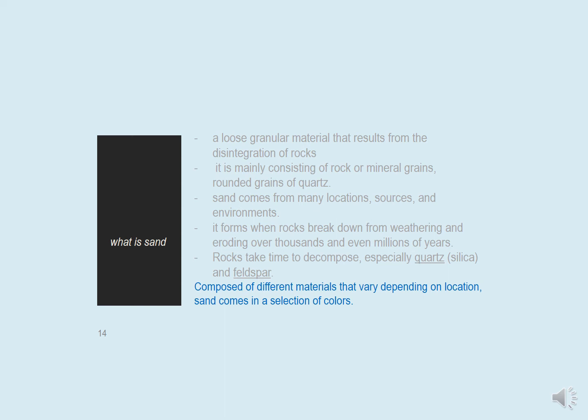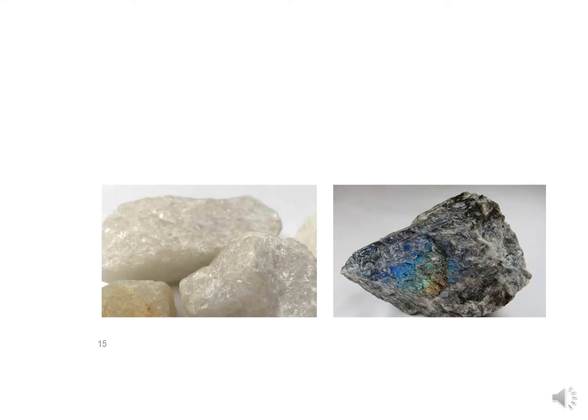I said that sand is composed of different materials that vary depending on location, but it also comes in a selection of different colors, which I will be showing and explaining more in the next slides. In the first picture we can see the quartz rock, and in the second one the feldspar.